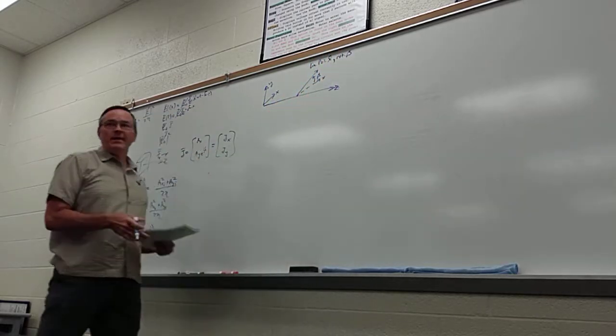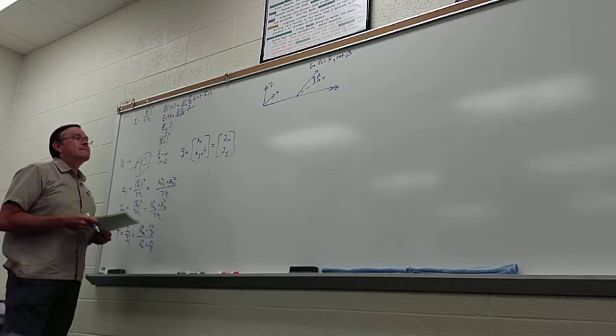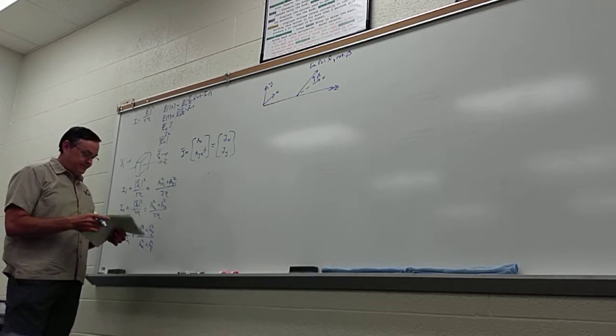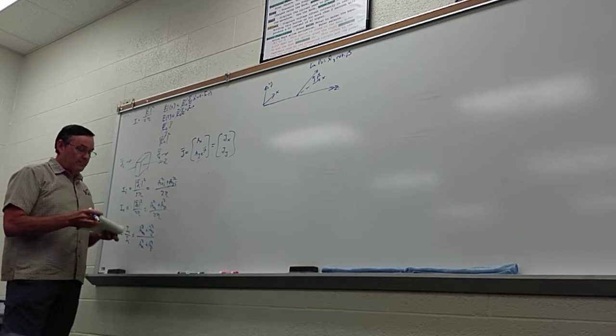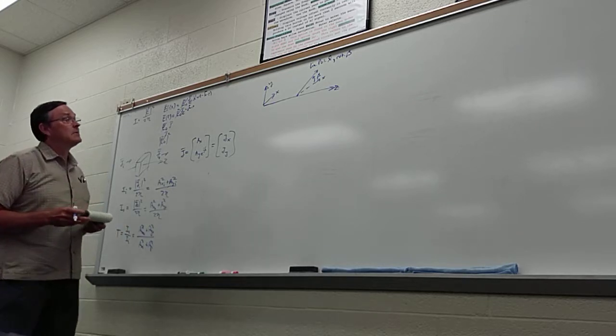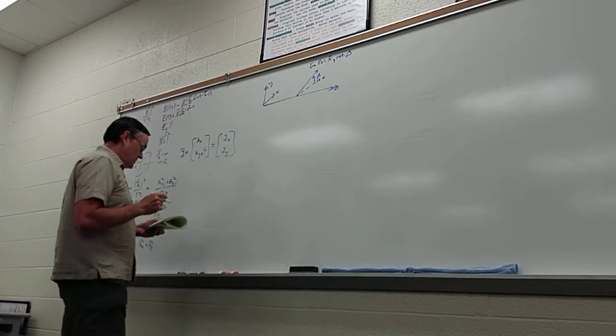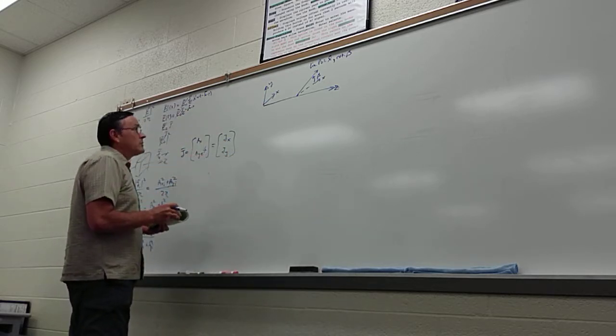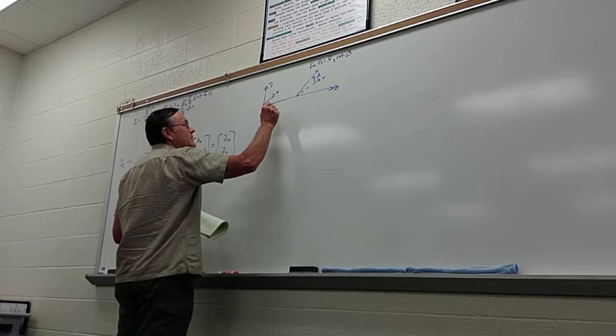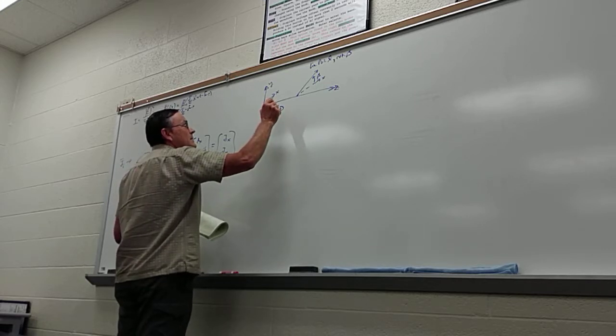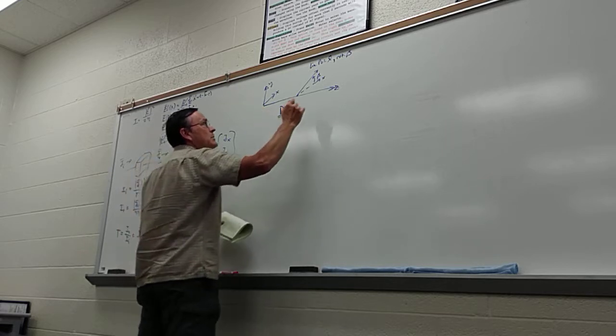So how do we deal with that? Well, we need to come up with the matrix that represents this rotated polarizer. And so we can write the matrix for that polarizer in the x prime coordinate system.